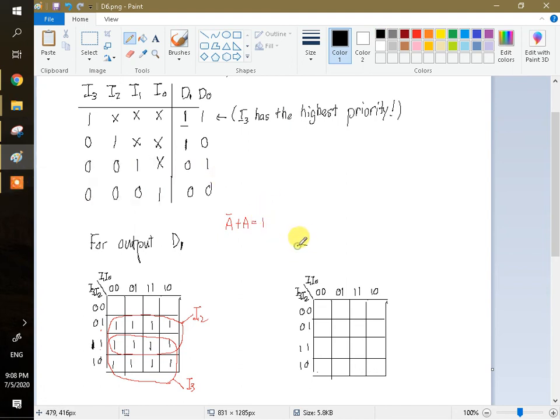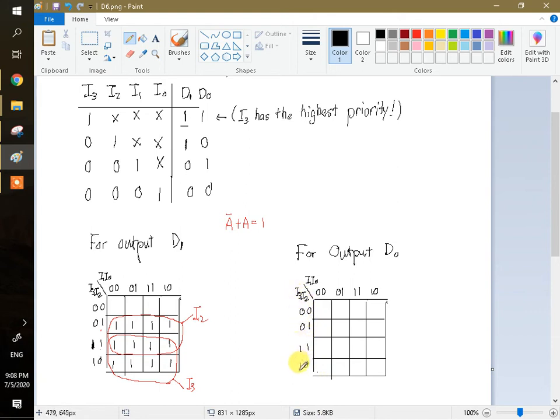For output D0 now, I hope you can feel it now. For anything starting with I3, I don't care about the rest, I get 1. One more time: when I3 is 1, I don't care about these 3, and D0 will output 1.